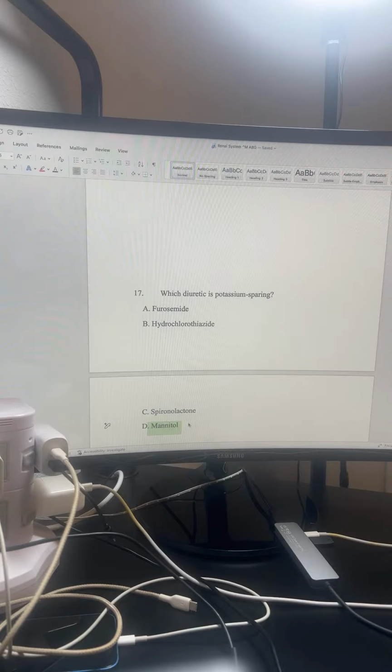What class of drug is mannitol? Osmotic, yes. You use it for ICP. Okay, nice. Osmotic diuretic, yes, for edema and increased intracranial pressure. And we already know furosemide.